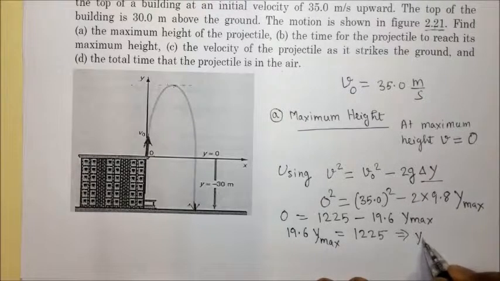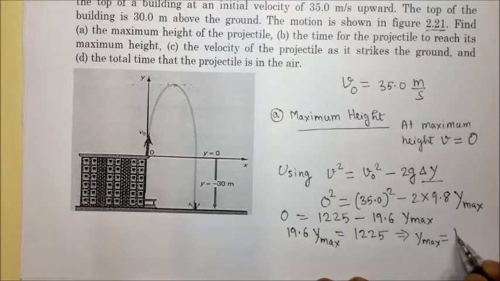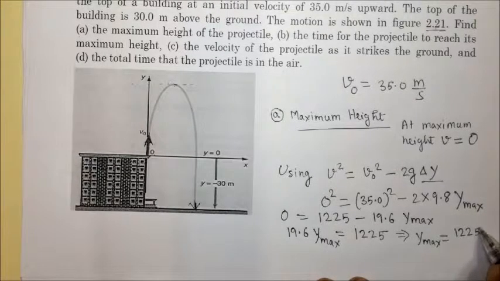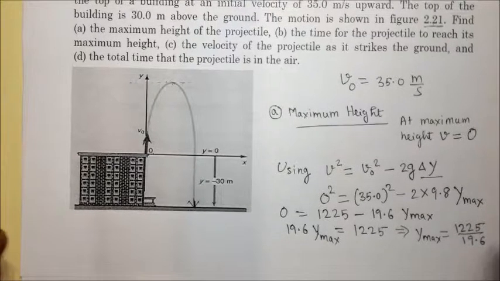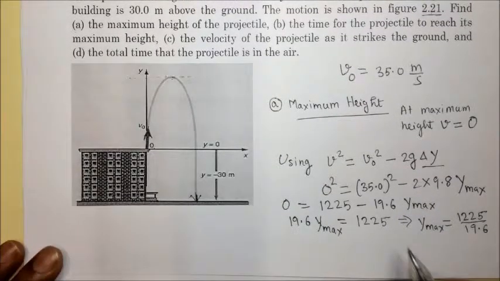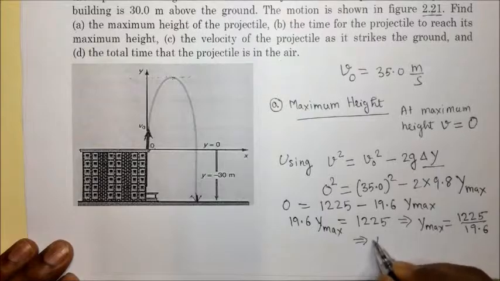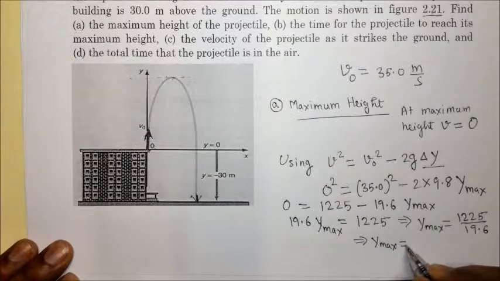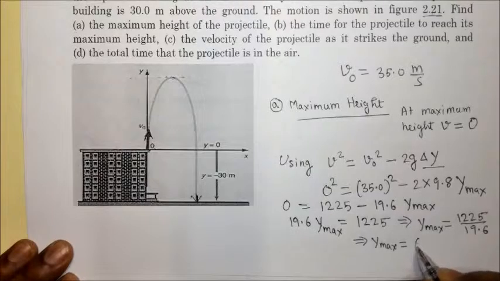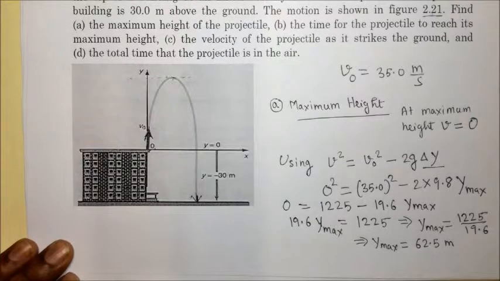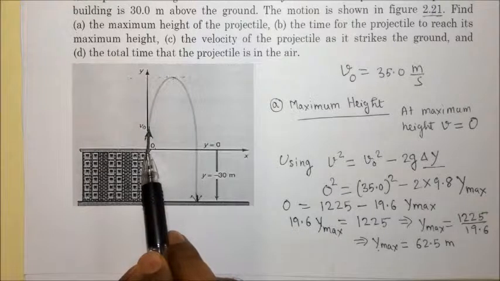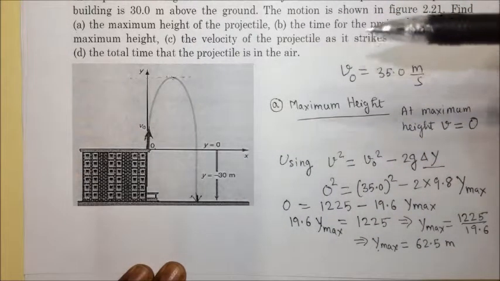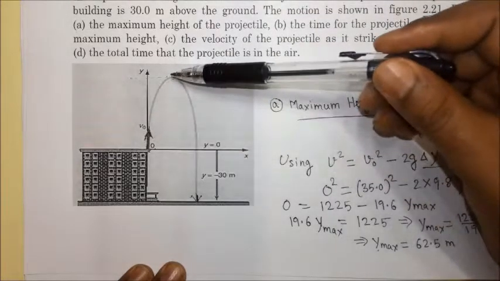So Y max is what? 1225 divided by 19.6, and that gives you Y max equal to how much? 62.5 meter. This height is from the top of the building, okay? From this point to this point.